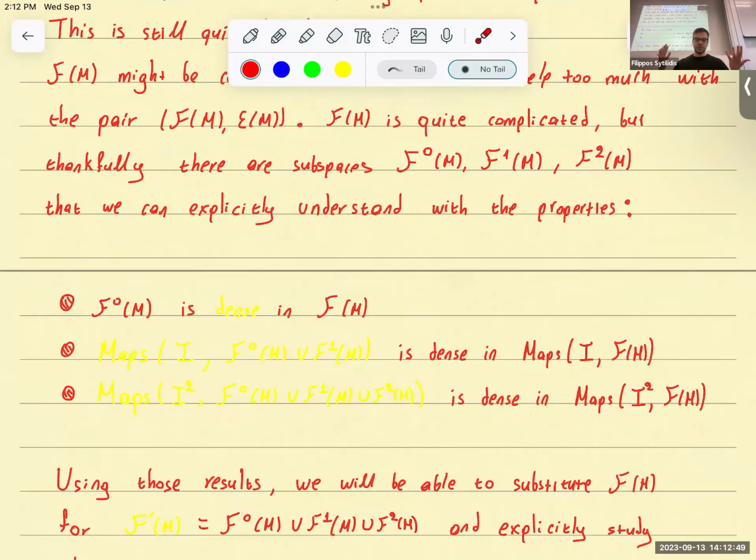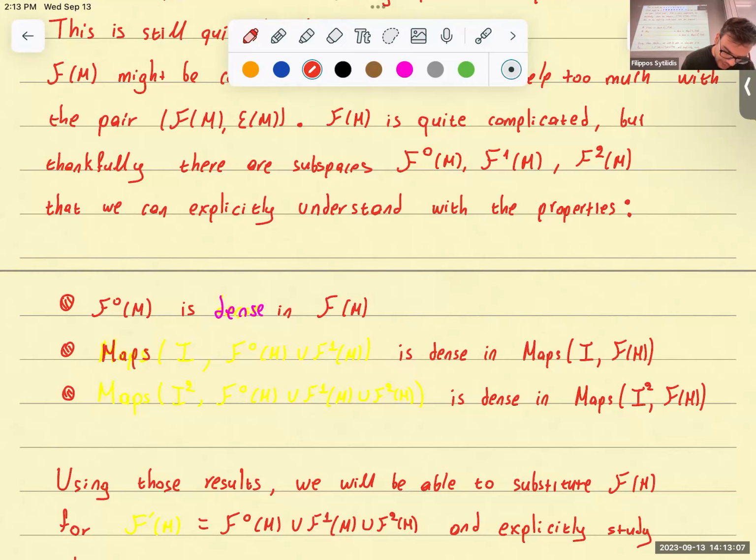These are our guiding principles that will tell us that these spaces are useful to study. So F0 will be dense in F of M.